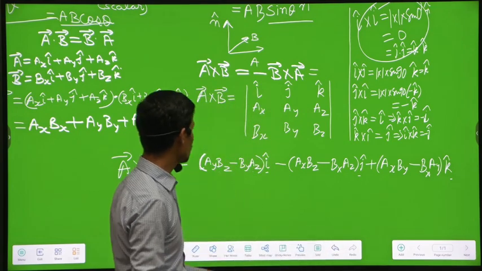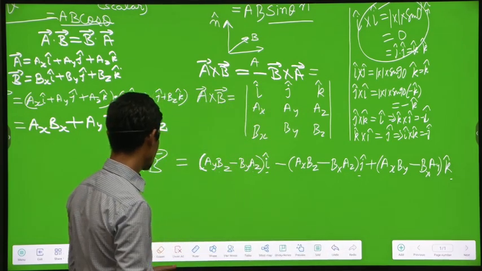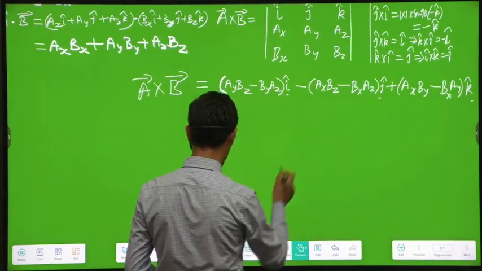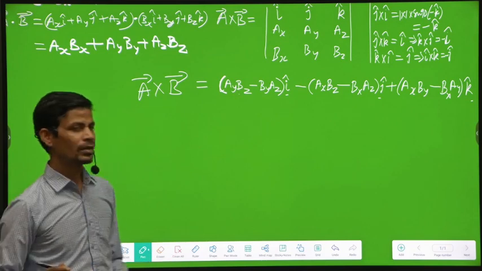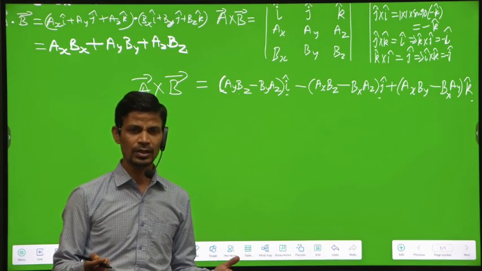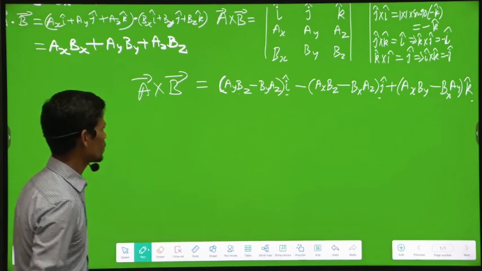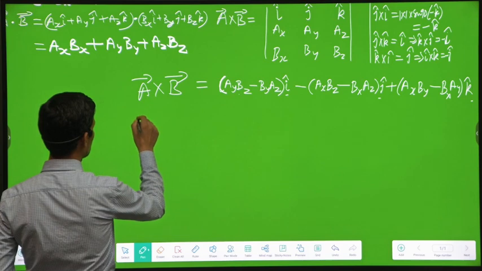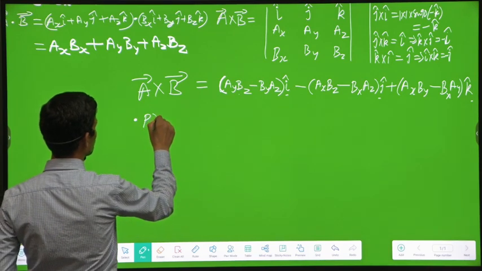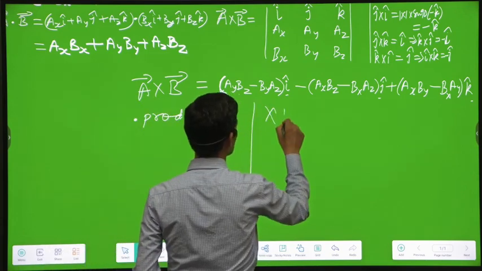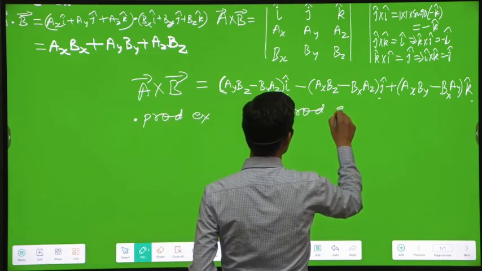So this is how we are going to find the dot product and cross product. I am right now not giving numerical examples of dot product and cross product, but theoretically I can tell you some dot product examples and cross product examples.